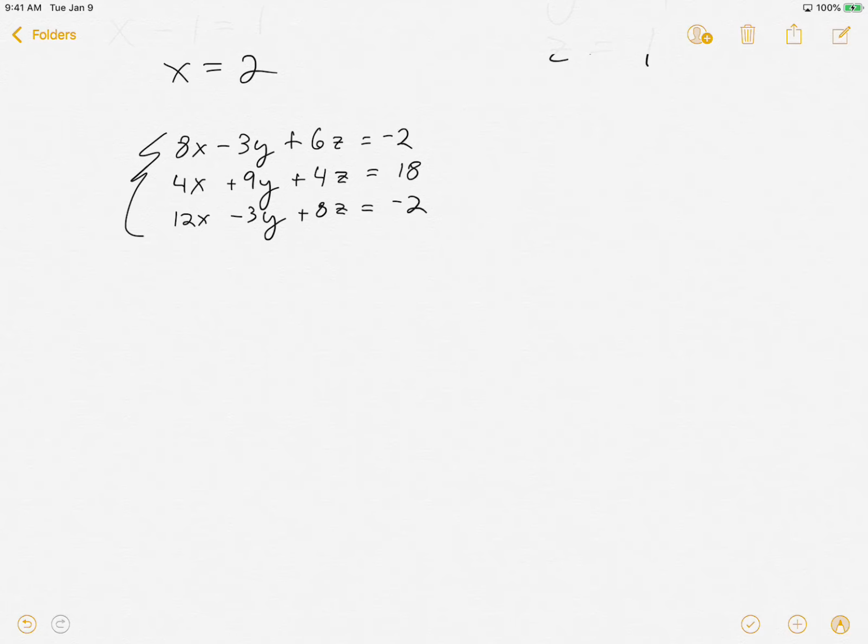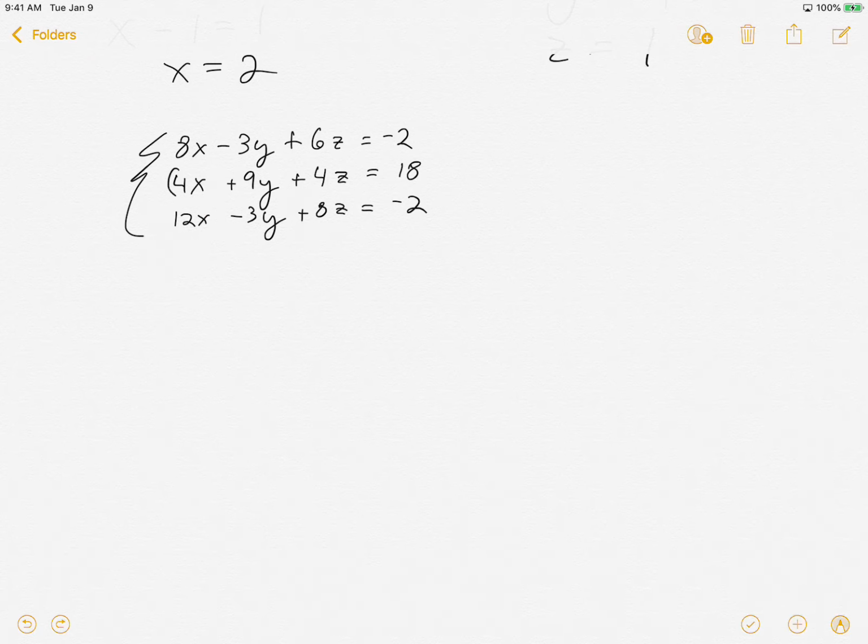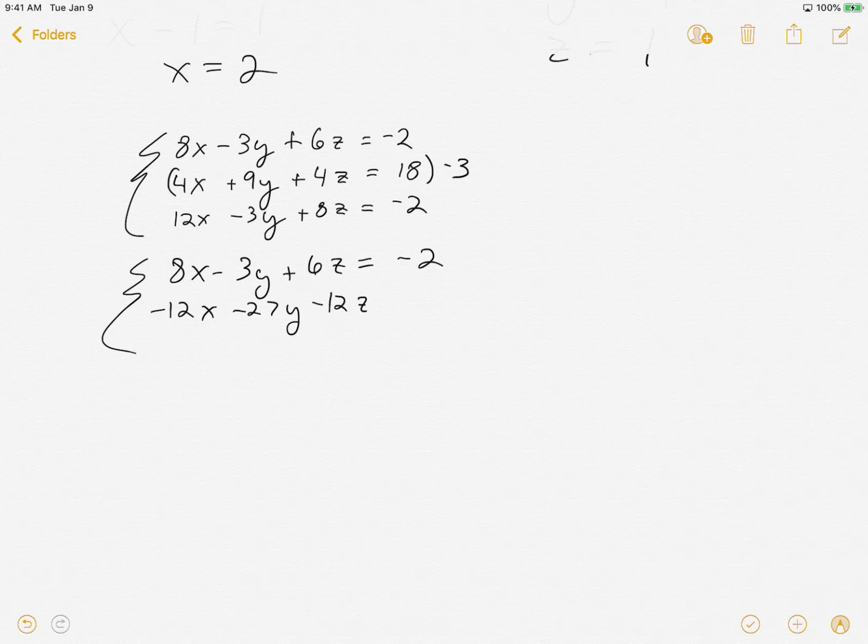Okay, now I want to get rid of the 12x first. So I want to do that by multiplying the second equation by negative 3. Last equation stays the same.